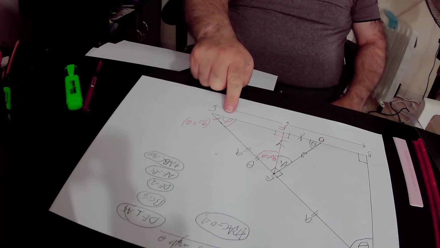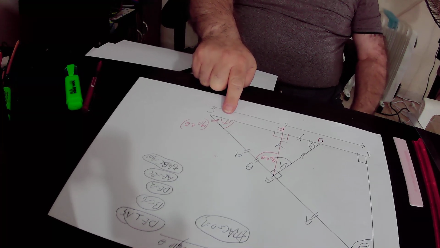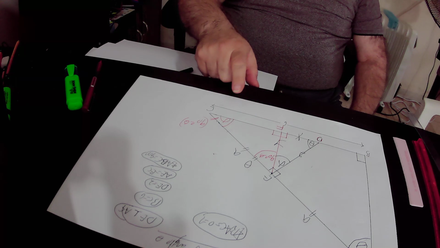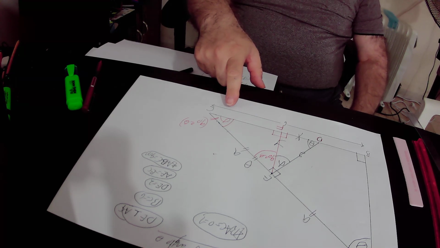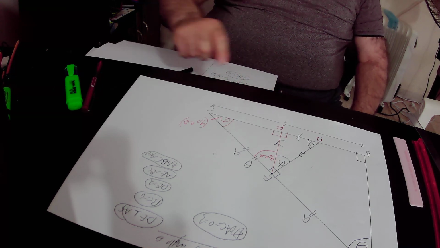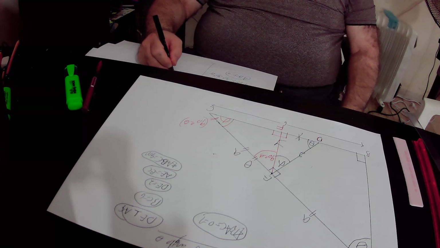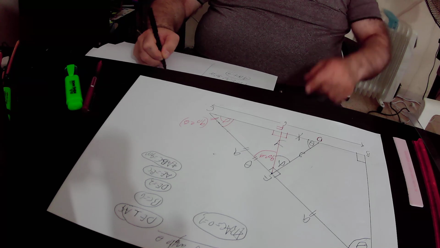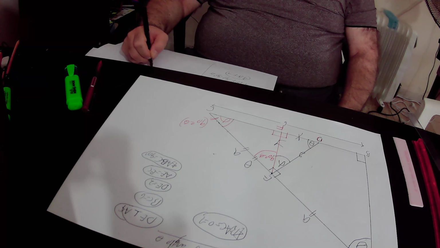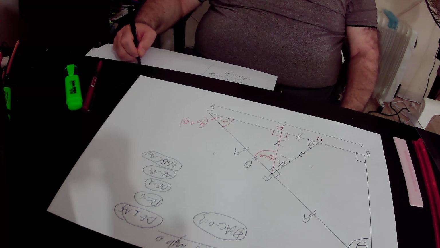Finally, this angle alpha is a common angle, it belongs to both triangles. You can see that angle BCA belongs to triangle ABC, and this angle alpha also belongs to the small right triangle FCE. So we can write down that angle BCA is equal to angle FCE, and it actually equals alpha.